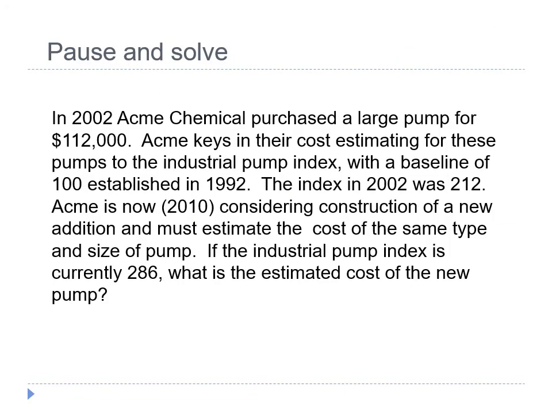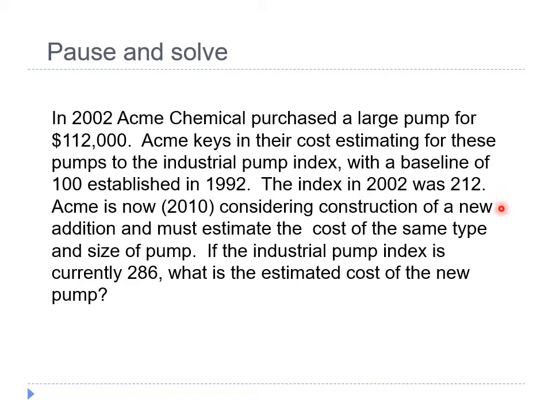Here is a question for you to try on your own. In 2002, Acme Chemicals purchased a large pump for $112,000. Acme keys its cost estimating for this pump to the industrial pump index with a baseline of 100 established in 1992. The index in 2002 was 212.